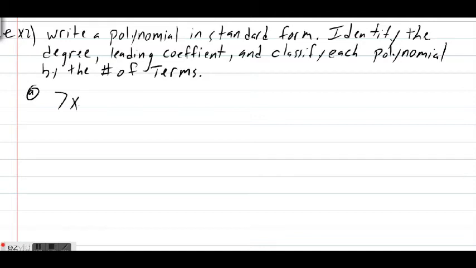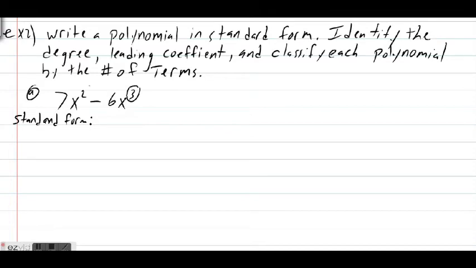Alright, first example. If I gave you 7x squared minus 6x to the third. First thing we want to do is put it in standard form. Standard form means from the biggest exponent to the smallest exponent.